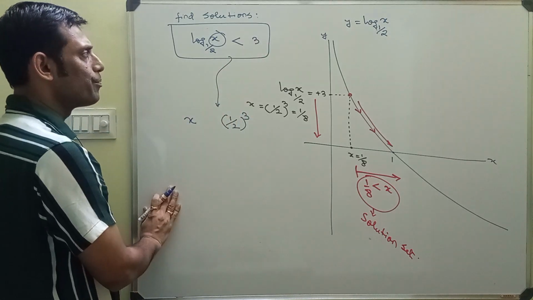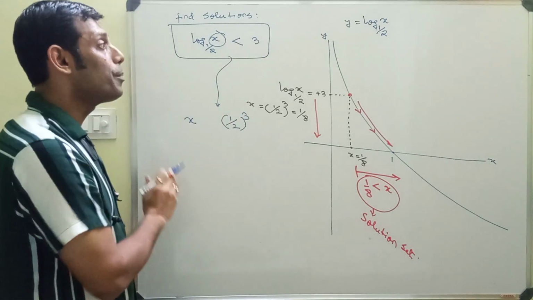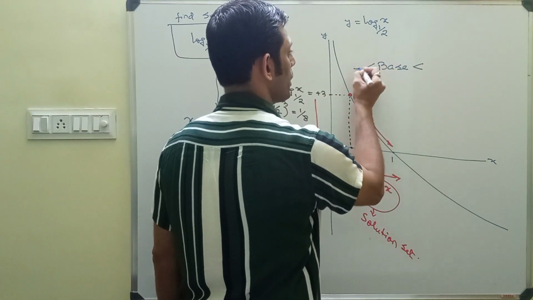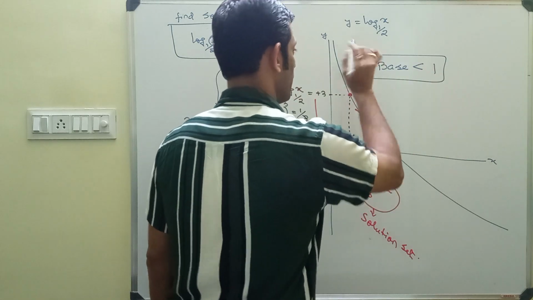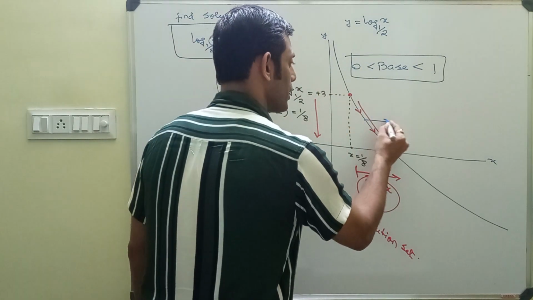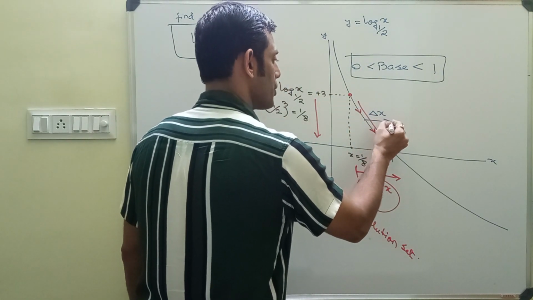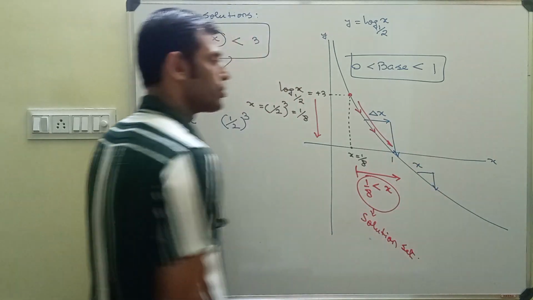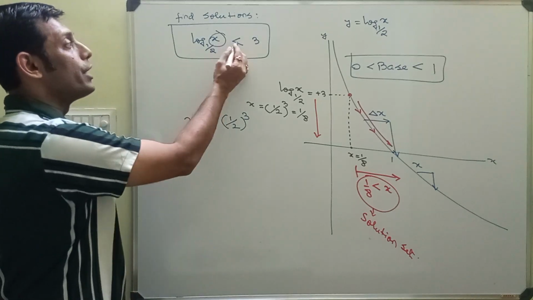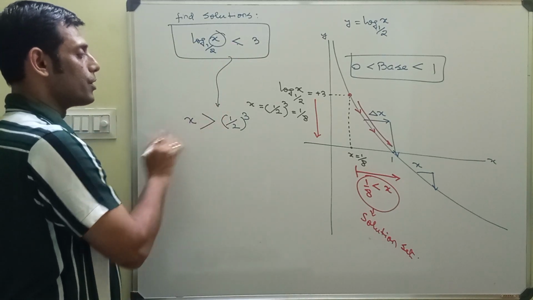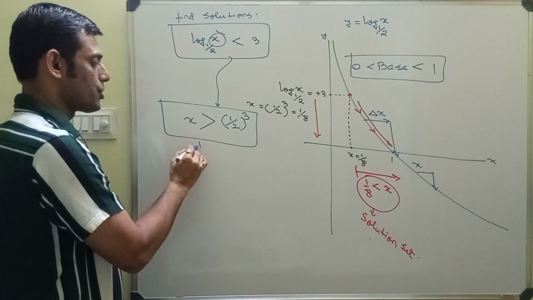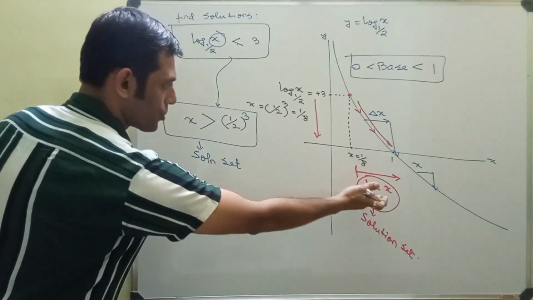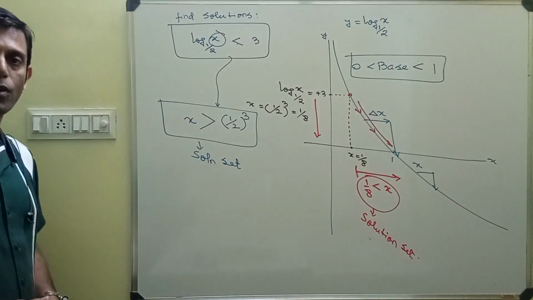Now dear, since the base is a fraction, since the base is between 0 and 1, as x is increasing, the log value is decreasing. That means the inequality will reverse. That's the clue. And this is the solution set. You see this? The same solution set. x greater than 1 by 8.